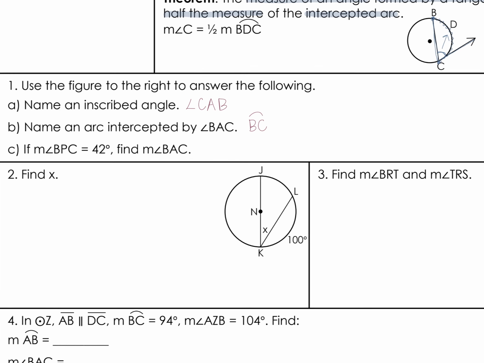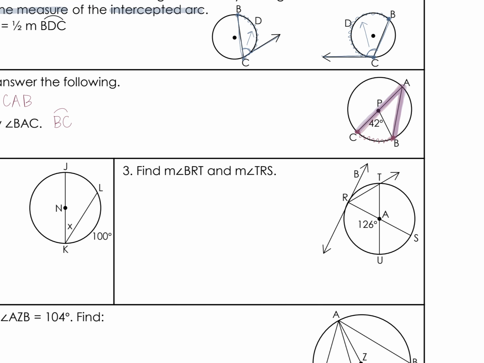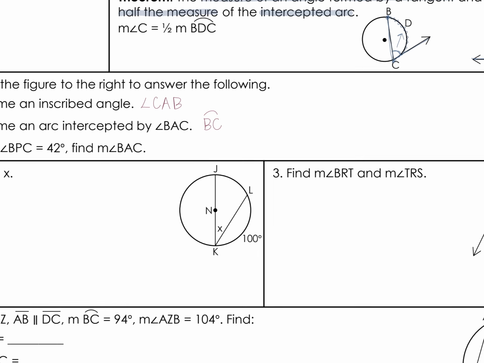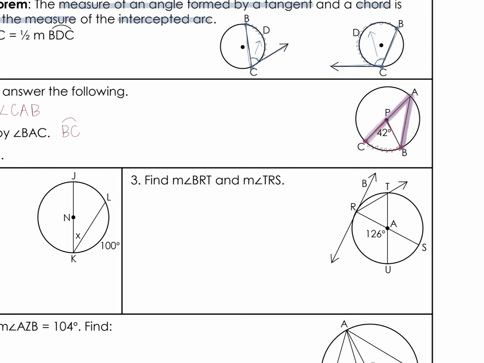And last one for this problem, we have: if the measure of our angle BPC is 42 degrees. They have that labeled. That's going to be this angle here. Find the measure of my angle BAC. Looking at it, that would be BAC, this inscribed angle here. Well, angle BPC is a central angle.